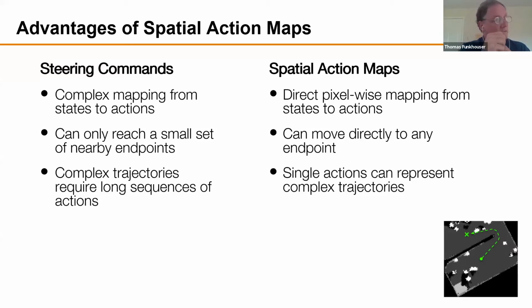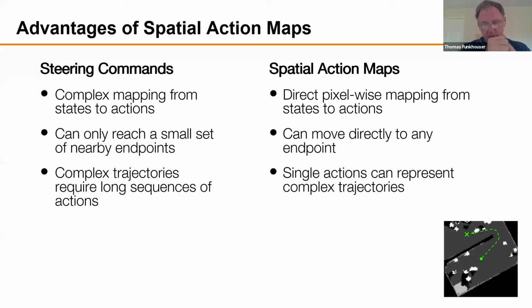If your steering commands are, say, go forward, go backwards, turn right, turn left, the set of states that you can reach with any given action is limited to those four, and they're all very close to where you are. And so a long string of actions is required in order to achieve a significantly long-range goal.